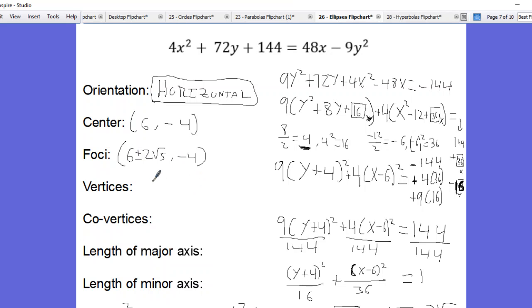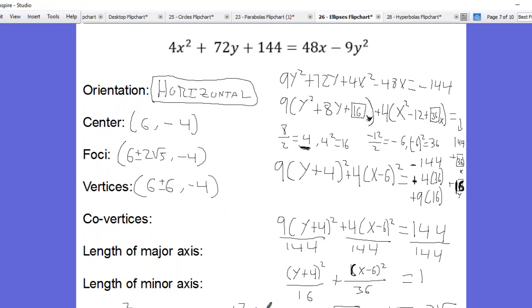Our vertices are going to be, what's our A term? 6, so it's going to be 6 plus or minus 6, as A is 6, -4.